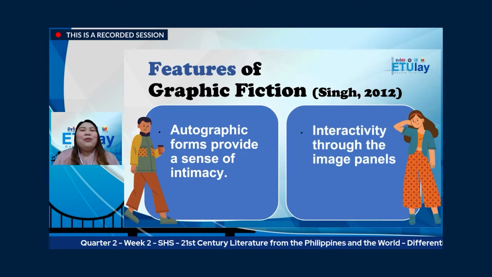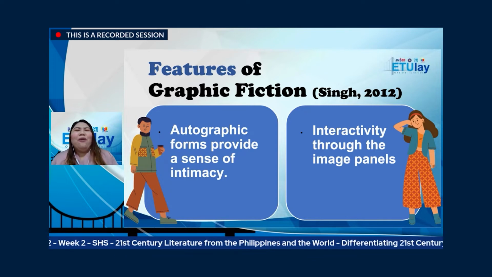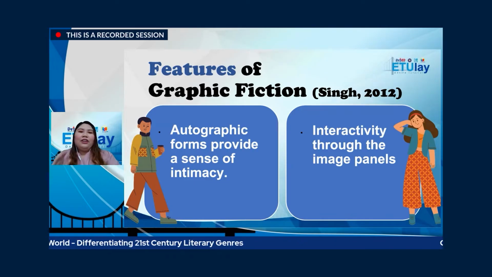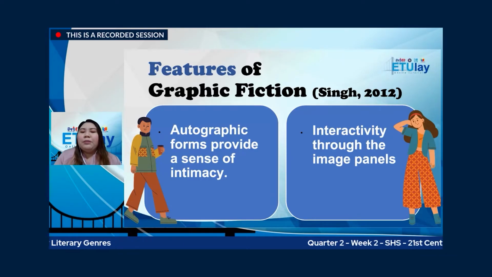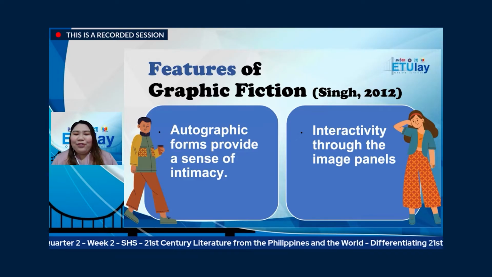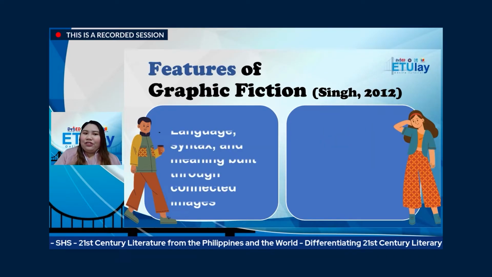Second one would be interactivity or interaction between or among characters through the image panels. So if you see such interaction or cohesiveness between panels or between scenes, then you'll have a smooth time in understanding a graphic novel. What's a third feature?